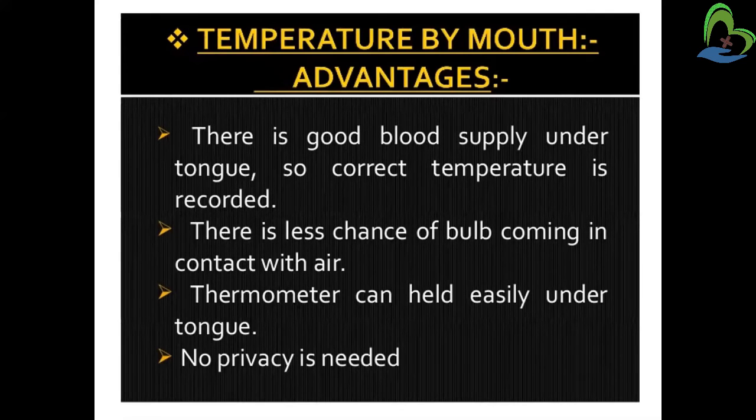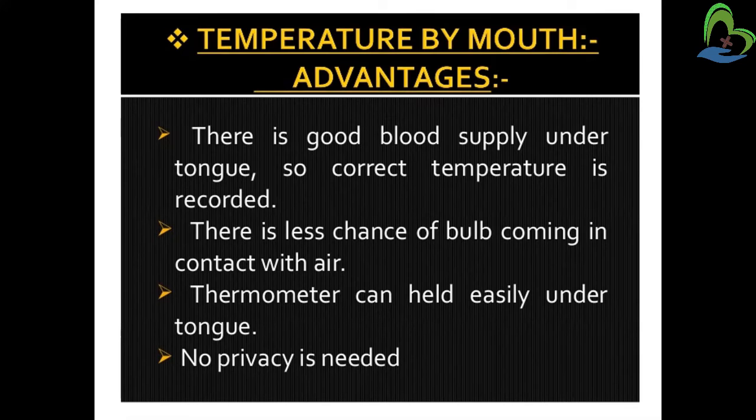Now, temperature by mouth. So here are the advantages of taking temperature by mouth. Here, there is good blood supply under the tongue, so the correct temperature is recorded. So here in the sublingual part, under the tongue, there is much more blood supply, so the temperature would be recorded in an accurate form.